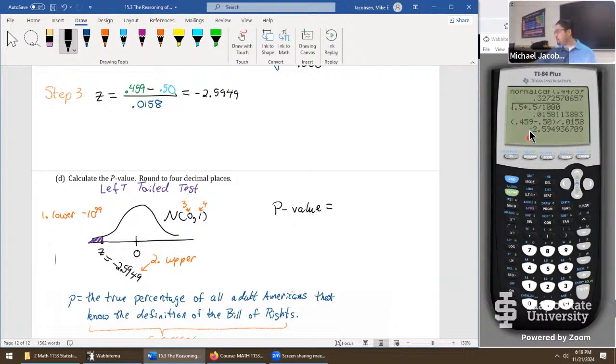We just have to print it out from the calculator. So once again, second bars. I think we've said second bars like 100 times so far this semester. Go down to normal CDF. Our lower value is the largest negative number supported. Hit the negative sign down here to the left of enter, then 10 power 99, because of the shading to the left.